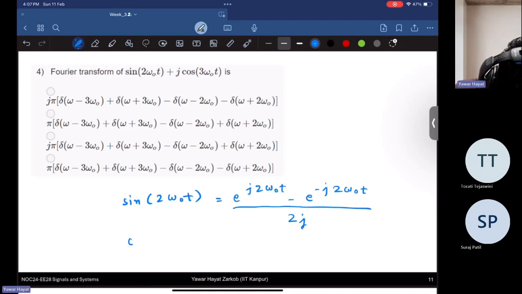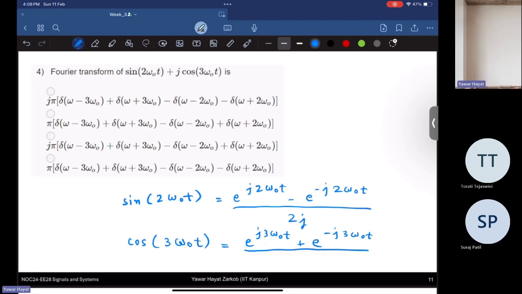And likewise, the cos of 3 omega naught t, we can write that as e to the power j 3 omega naught t plus e to the power minus j 3 omega naught t, whole divided by 2.